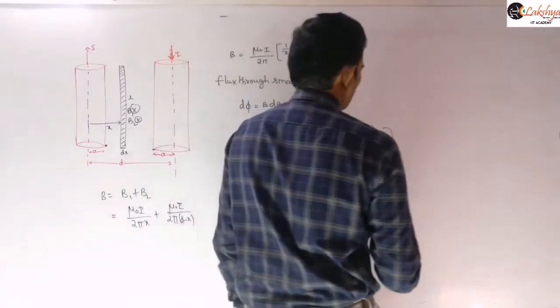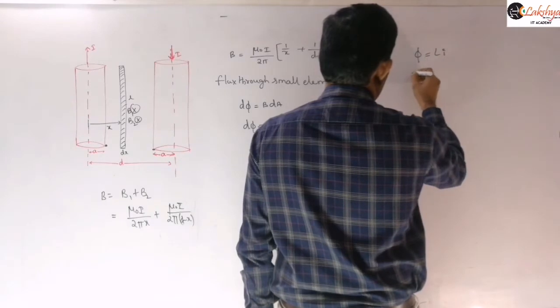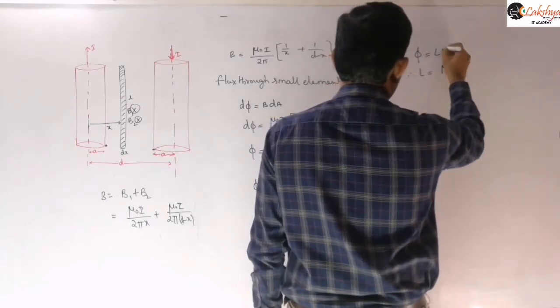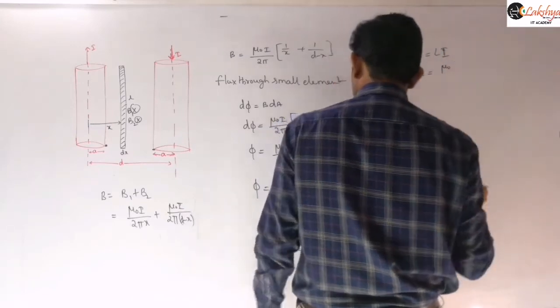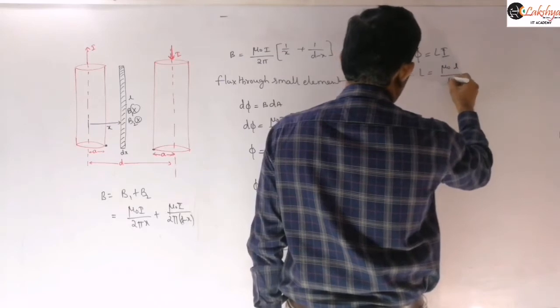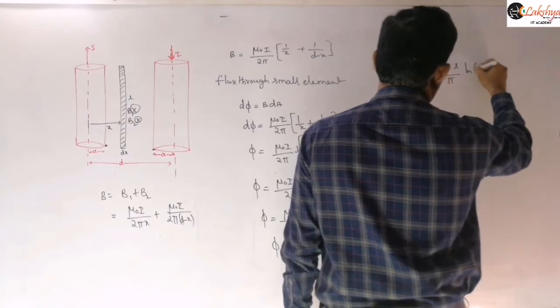And this flux value is equal to Li, so therefore the inductance L is equal to flux by I, where we are taking capital I. Then I will be cancelled, giving mu naught into L by pi into ln (d minus a by a).